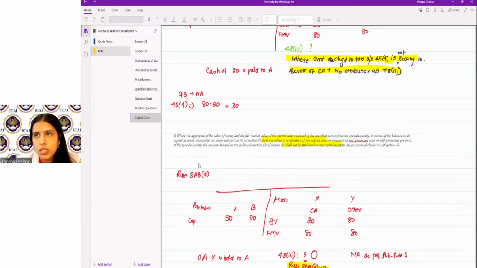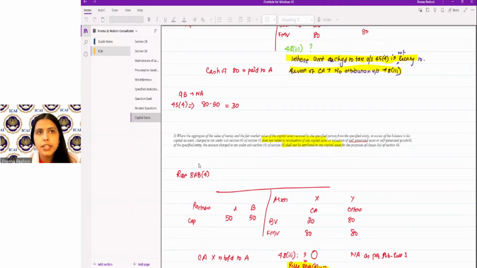Are we clear? So that is number one. Number two is 45(4). Now in 45(4), what was the trigger point? When the capital asset or money is received by the partner. So when a partner receives any money or capital asset from the firm in connection with the reconstitution. Here we do not have dissolution, and we do not have stock in trade. What we have here is only money and the capital asset.